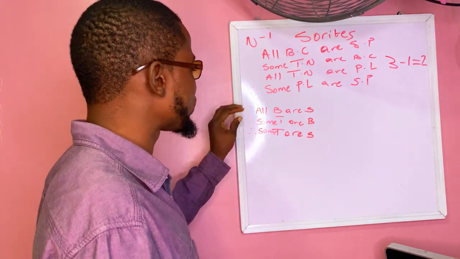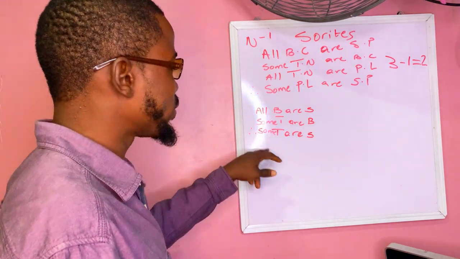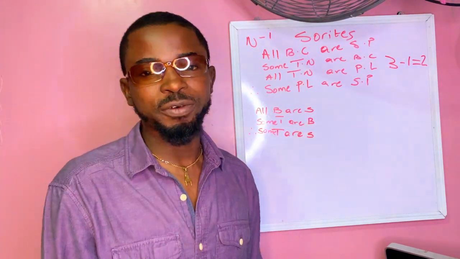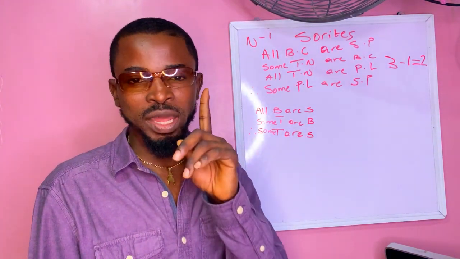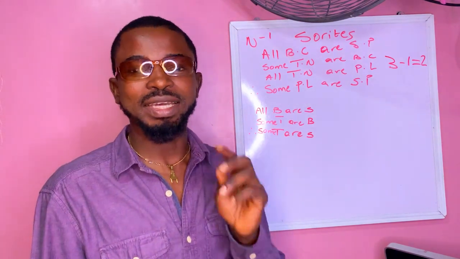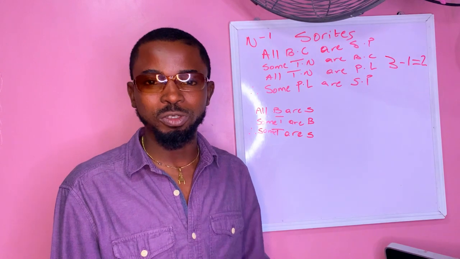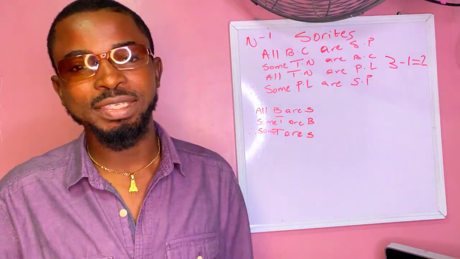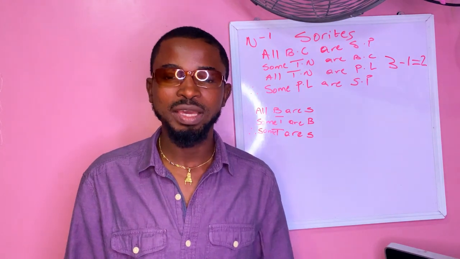So then, in order to figure out whether I should use all as the quantifier and whether I should use are or are not as the copula, don't forget that I said as long as there is one particular in the premise, then the conclusion has to be particular. Then I said the only time that you use negative in the conclusion is as long as there is one negative in the premise. So if there's no negative in the premise, then the conclusion has to be affirmative.